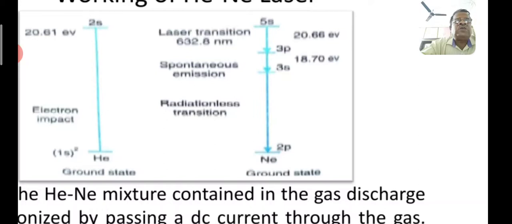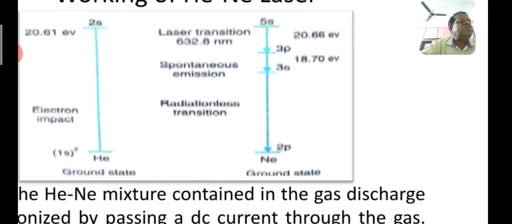In the neon, the excited state is the 5s state, which has 20.66 electron volt. The 2s state of helium and the 5s state of neon both have almost the same energy, that is 20.61 electron volt in helium and 20.66 electron volt in neon.